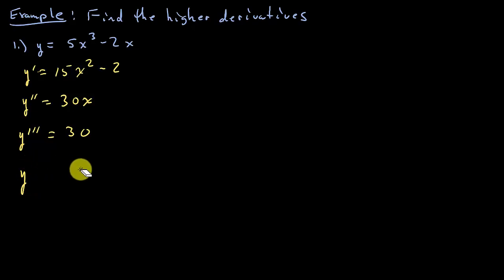We use the primes all the way up to the third derivative. But once we get past the third derivative, we write it a little bit differently. To represent the fourth derivative, we'll put the 4 in parentheses here. And then the derivative of 30 is 0. And that's all they're wanting you to do here, is just keep taking derivatives until you get down to 0.